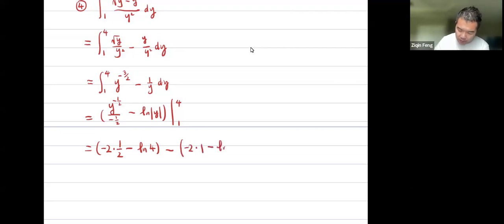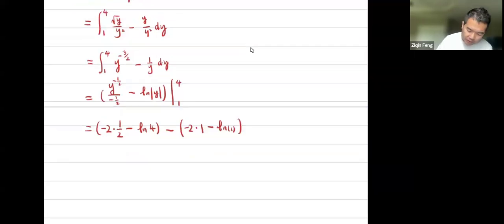Minus natural log of 1. Natural log of 1 is 0. So the answer is negative 1 minus natural log of 4, then plus 2. So this is 1 minus natural log of 4, right?